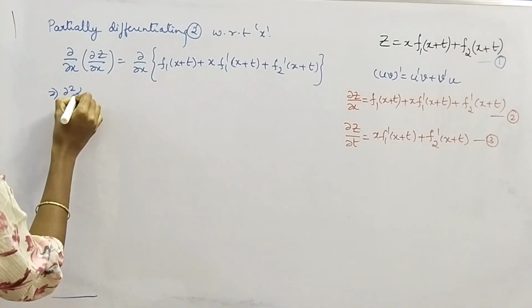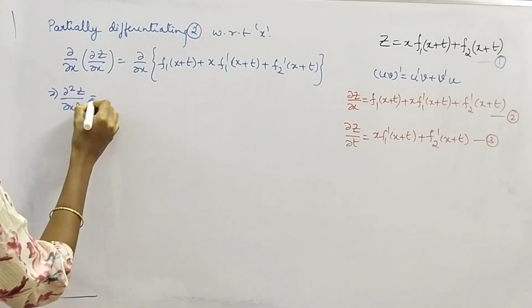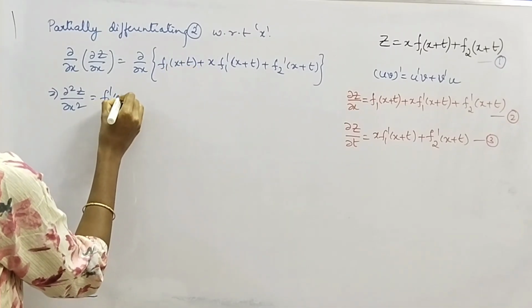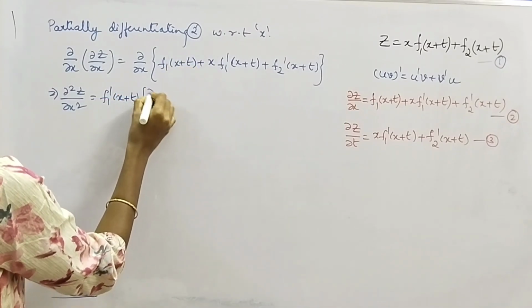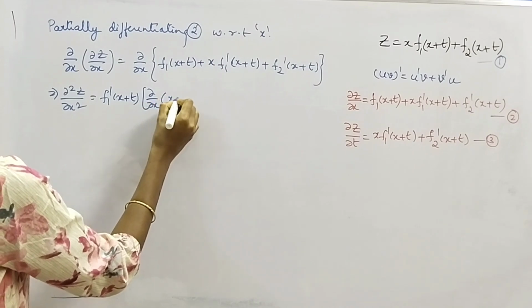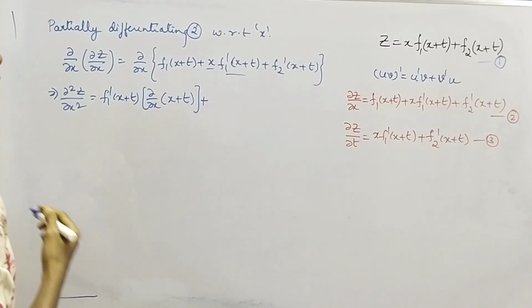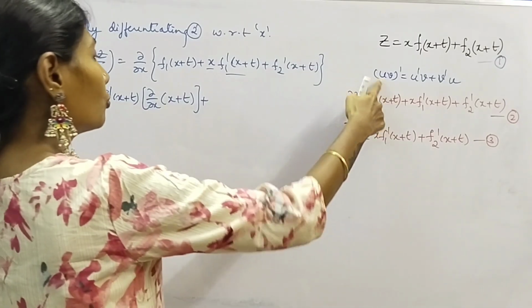This gives us dou square z by dou x square equal to partial derivative of f1, which is f1 prime of x plus t, into inner derivative dou by dou x of x plus t, plus, here you're having two terms, right? So we are going to apply the uv whole prime formula.